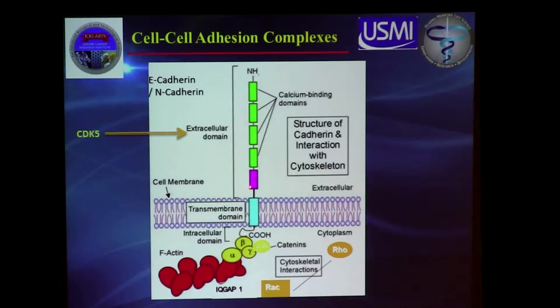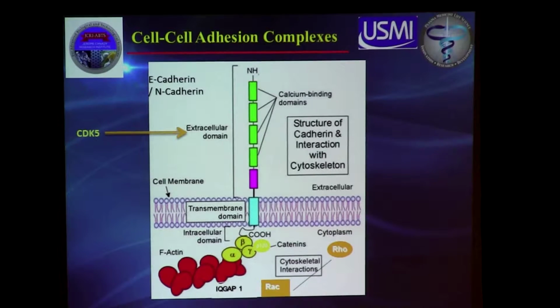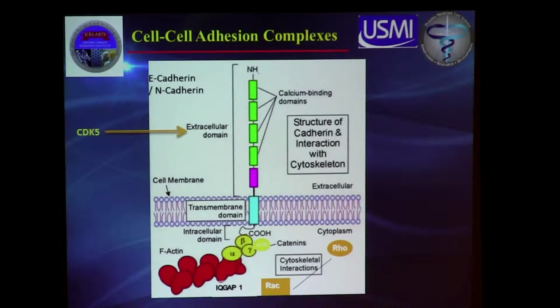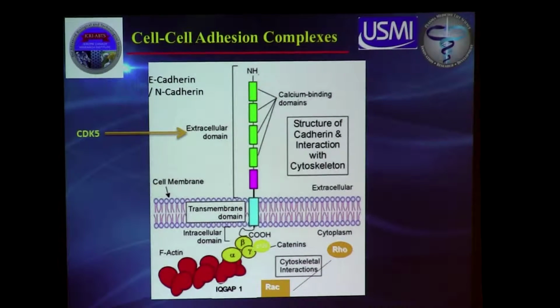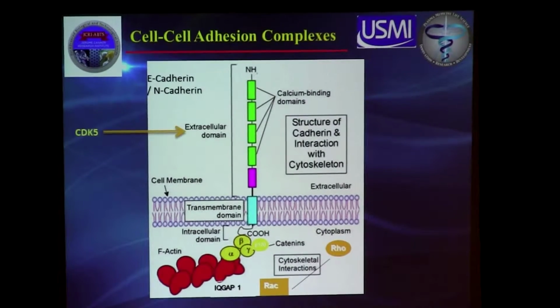When the cell migrates, the manner in which Rho and Rac behave is different. You will see in my later slides what happens to the activity of Rho and Rac when these junctions come apart, or when these junctions are intact, and how Rho, Rac and the IQGAP proteins behave.